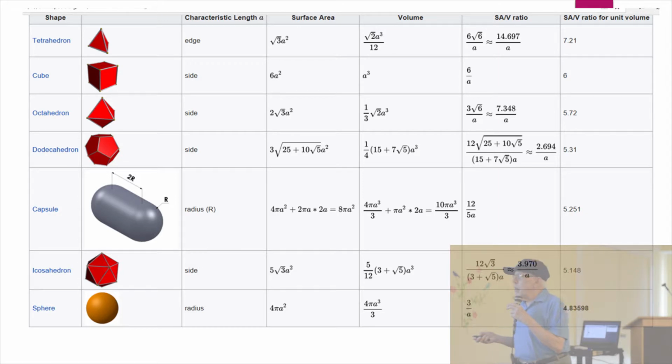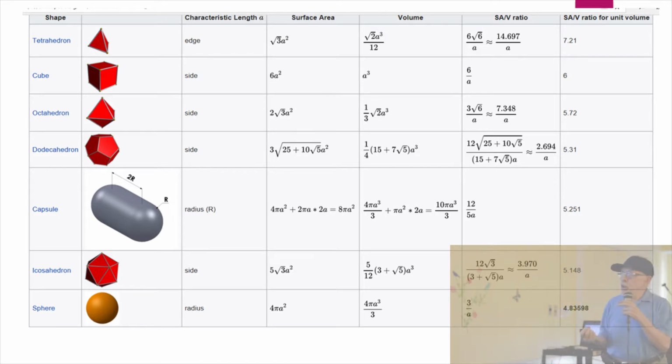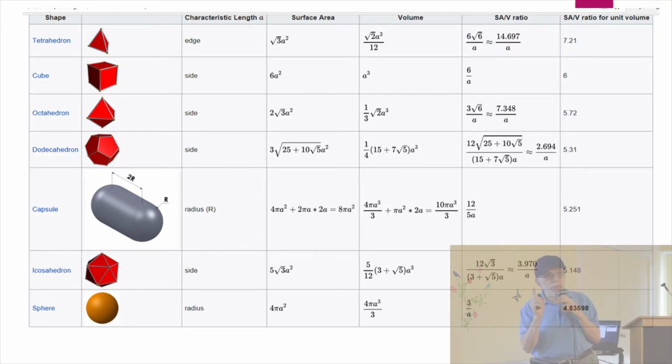A sphere is about 4.83. Nothing is less than a sphere. A sphere has the lowest ratio of surface area to volume of any regular object. So that's an important fact to remember.